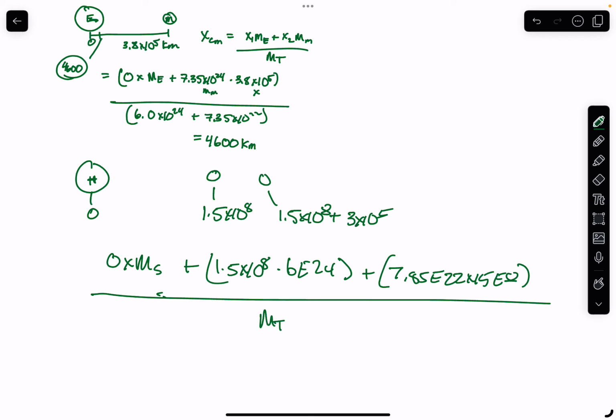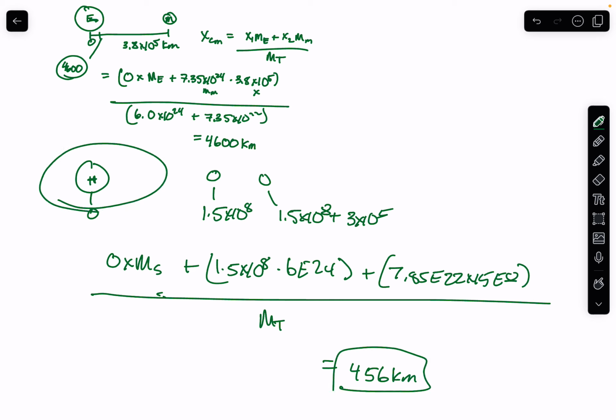So I took all of the masses from the problem and added them all together, and I get a big fat number of 456 kilometers, which is very well inside. The sun is massive. 456 kilometers is not very far. So the whole Earth, Sun, Moon system's center of mass is close to the center of the sun, because it is so much more massive than the others.